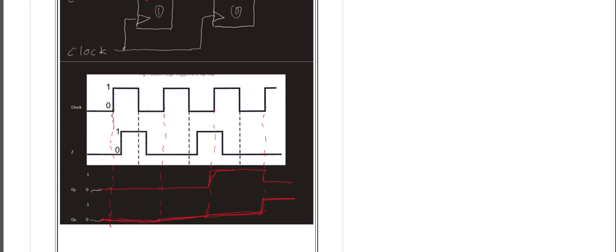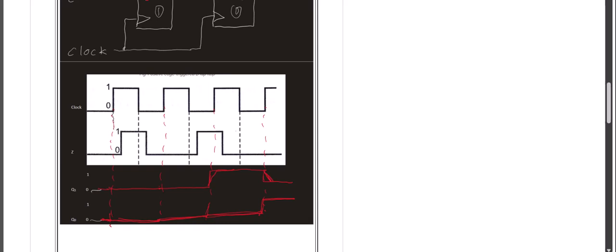So this is not going to turn 1 until this turns back to 0?